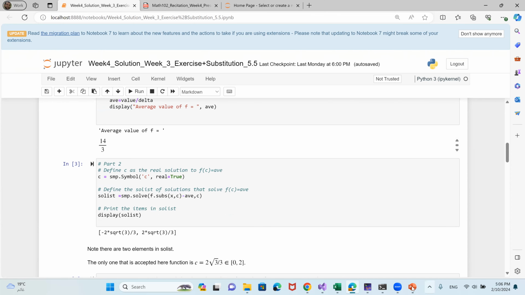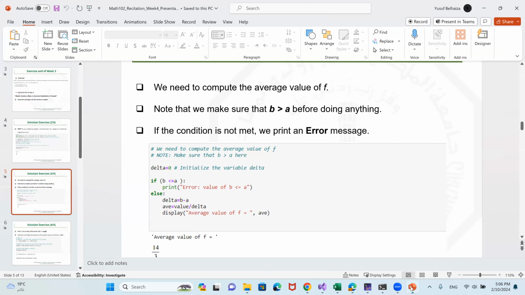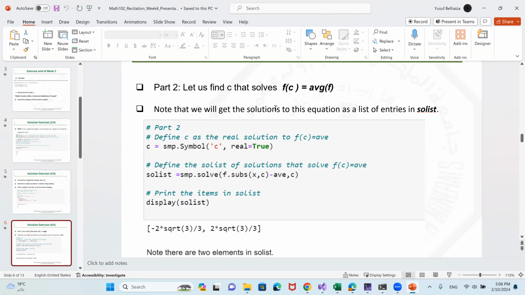Okay, then the next part: we need to find the c that makes the value of f of c equal to the average value of f on the interval a, b, on the interval 0, 2. So let us find this. To do that, we need to define c as a symbol, again using smp.Symbol, S capital.